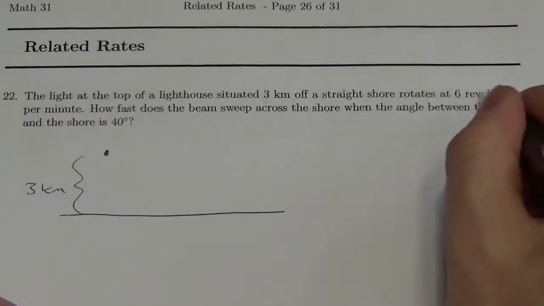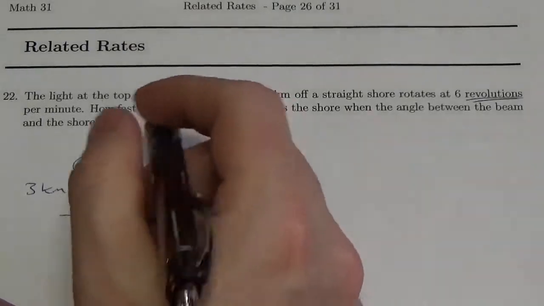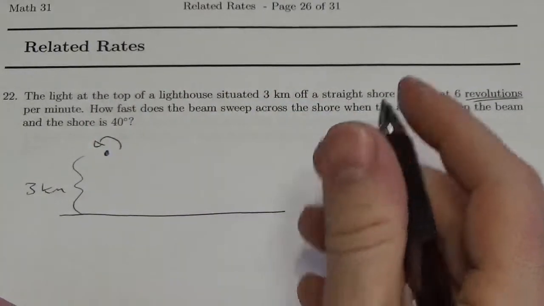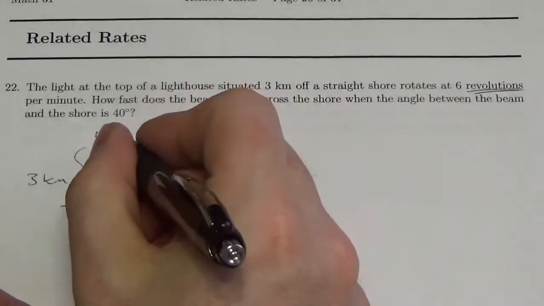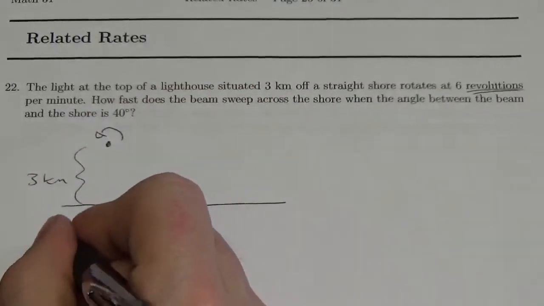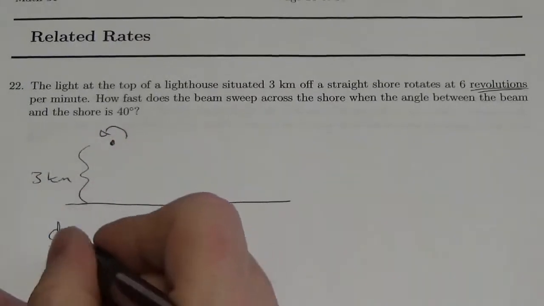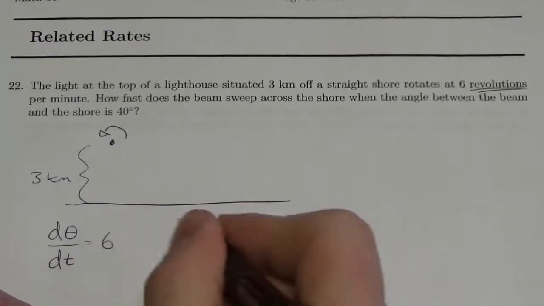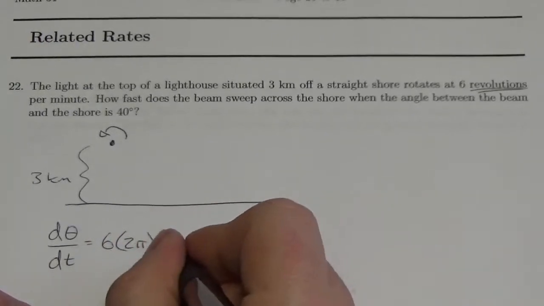Now, I've often had students struggle with what is meant by 6 revolutions per minute. That means this thing is going around 6 times in a minute. If we think about the angular motion here, and we use theta to determine the angle that this thing is rotated at, d theta by dt is going to be 6 2 pi's per minute.